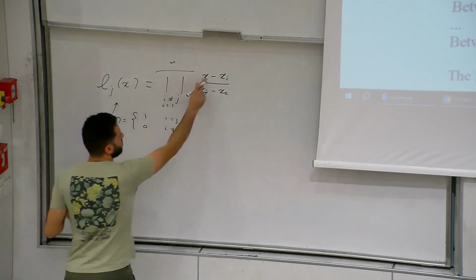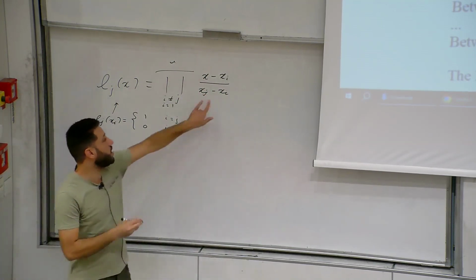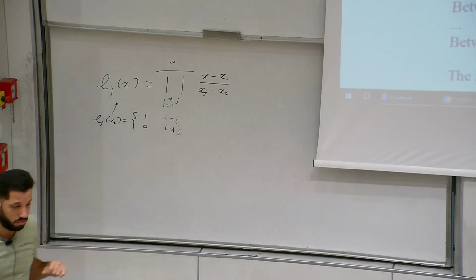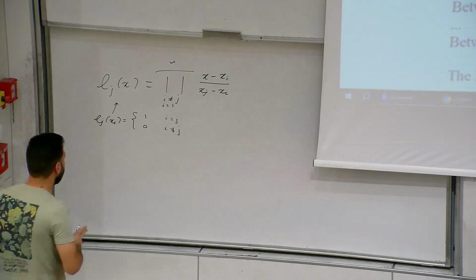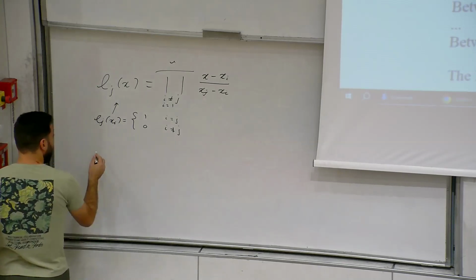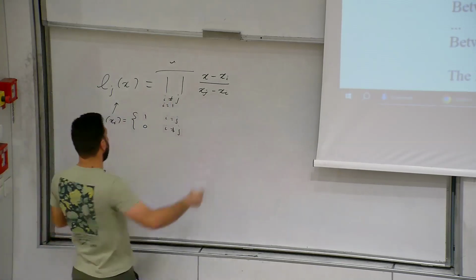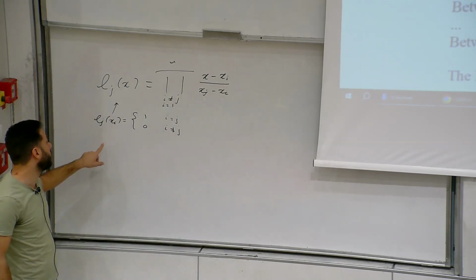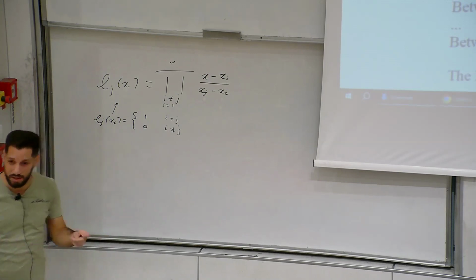Okay, and this is not 0 ever, because the x's are all different. Okay, and then this is 1 for xj and it is 0 for the other x's.